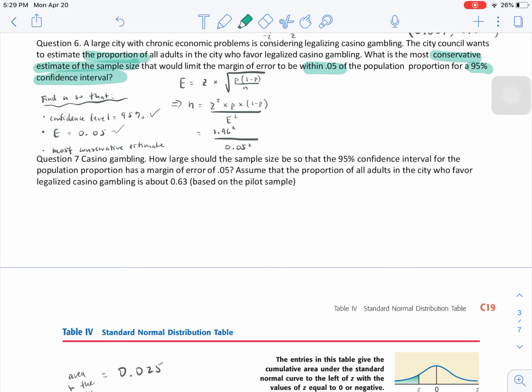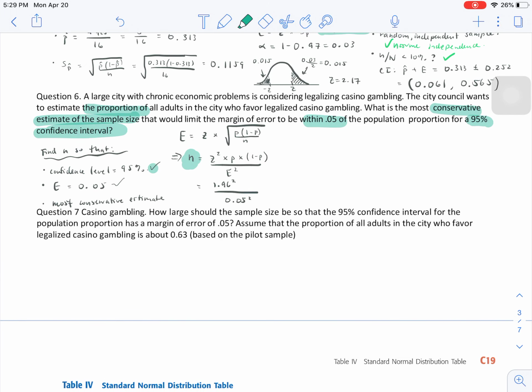I want to have more people than necessary rather than too few. So I want to make my n as large as possible. Given these other two conditions, I want to be really safe and conservative. I want to have more people than I need. So that means I want to pick a proportion such that I make this n really big.